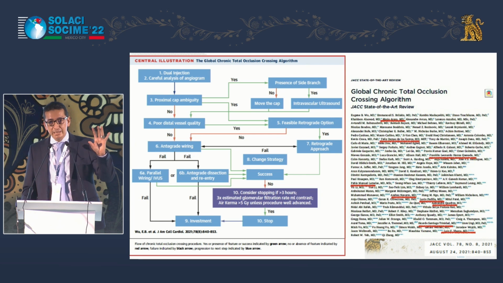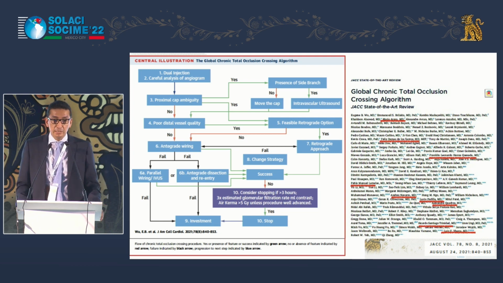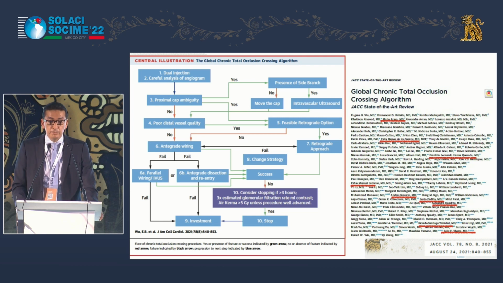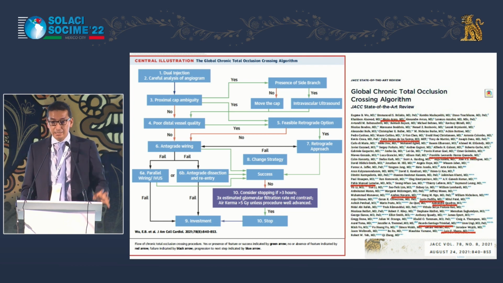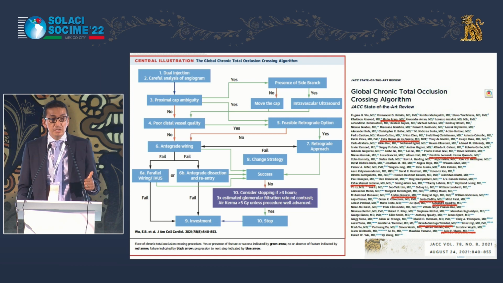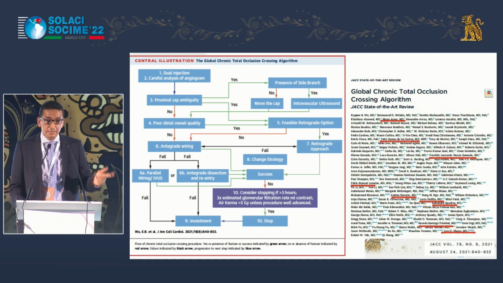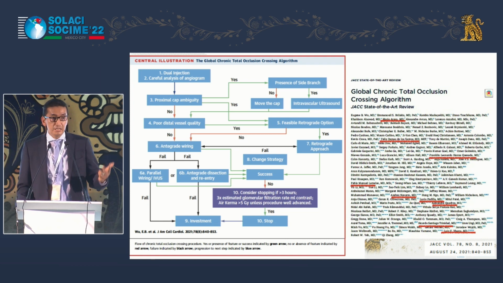Si no, el abordaje anterógrado, teniendo en mente nuestros dos primeros puntos: guías paralelas, utilización de imagen intravascular y la disección reentrada anterógrada como opciones para llevarnos a la estrategia de éxito, siempre considerando la seguridad del paciente. Detenernos si tenemos más de 3 horas, 3 veces el filtrado glomerular del paciente o una dosis mayor de 5 grays para decidir parar.